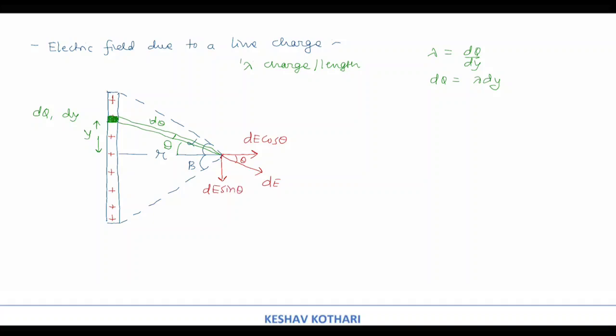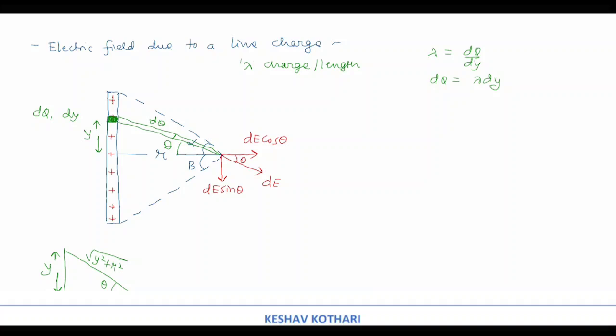So if we look at this triangle, we can consider this triangle like this. This is distance y, this separation is r, and this angle is theta. So this length can be considered as y square plus r square using Pythagoras theorem.